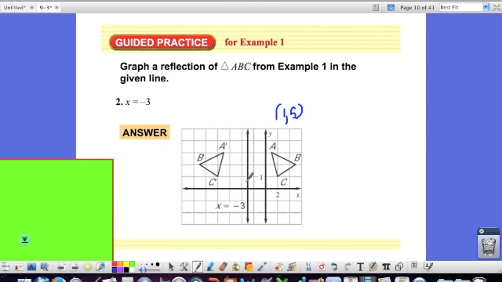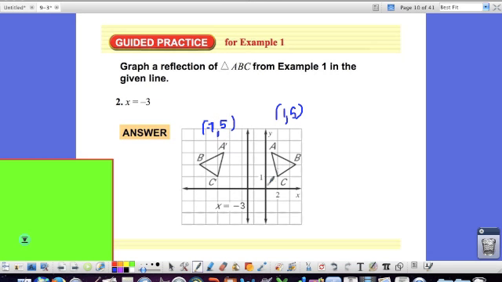So now it's still going to be up 5. But since 1 is 4 units from -3, it's going to be 4 more units on the other side from -3, so -7.